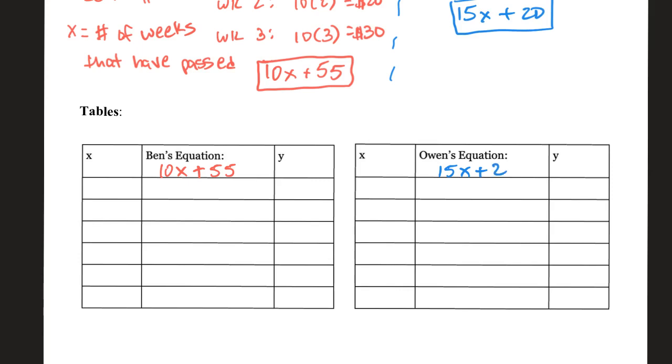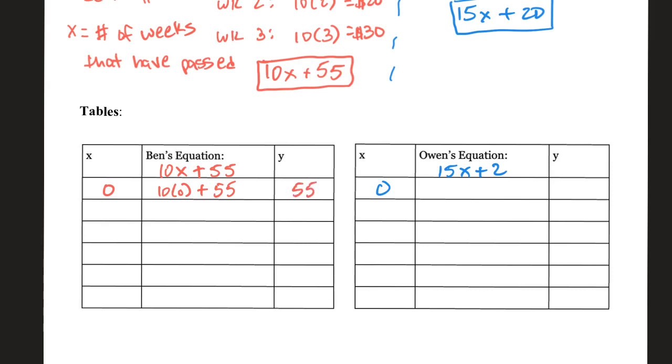When we're dealing with word problems, we always start with 0, like week 0, AKA what does he start off with? And of course, that's going to be 55 for Ben's case, because we do 10 times 0, which cancels out because anything times 0 is 0, and that gives us 55.